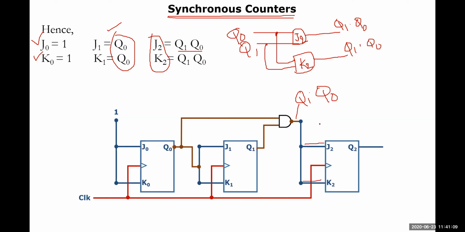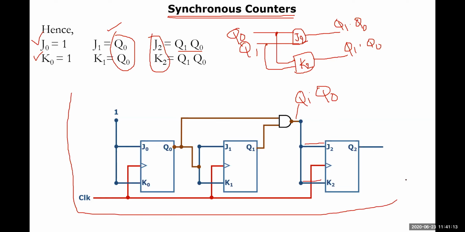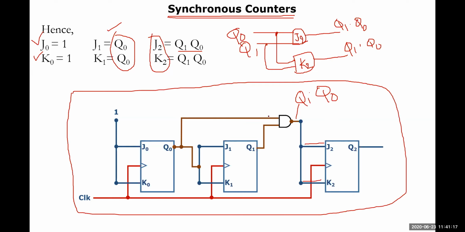In this way, you have to develop your synchronous circuit. This is the way of developing a synchronous circuit. So this is the synchronous counter. This counter always counts 3 bits of information. It will continue from 0 and so on to 7.